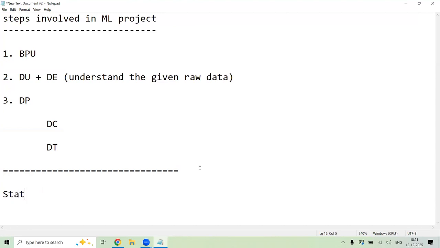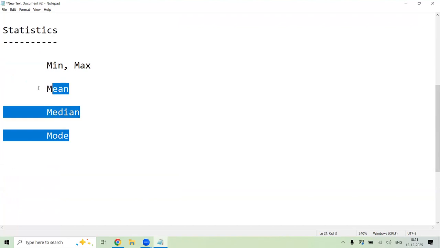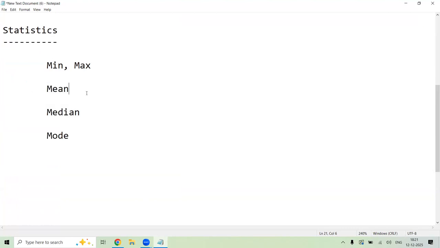Within the statistics, we have covered the minimum value, the maximum value, the mean, the median, and the mode. These three, mean, median, and mode, are used in data cleaning for statistical replacement of missing values. When you have missing values, you replace them with the mean or median. For discrete variables, we replace with the mode.